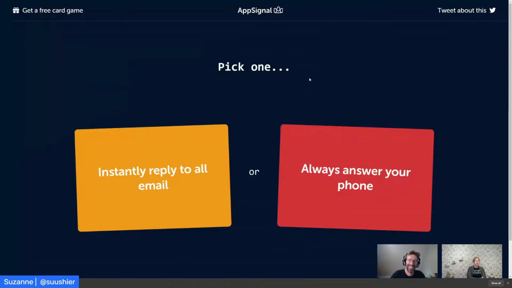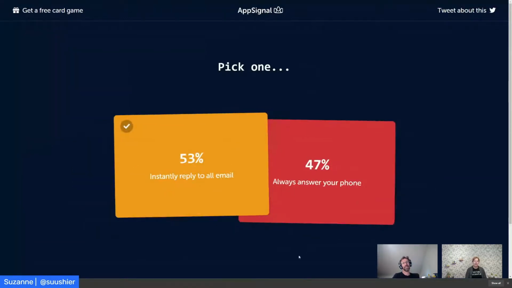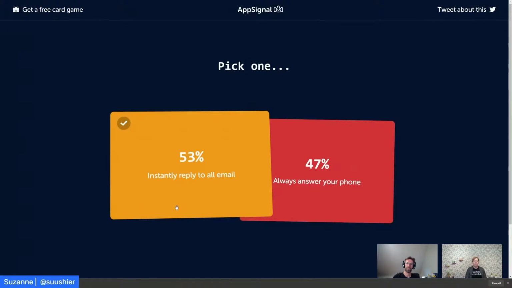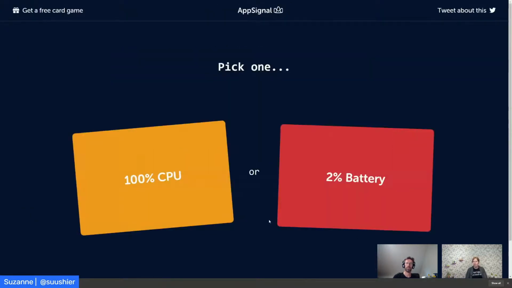Yes, I think so. Then I'd go for email. Yeah, I would go for email as well. I really hate the telephone. You see that people are mixed. I quite understand. I'm surprised. I would have thought that more people would hate picking up the phone.